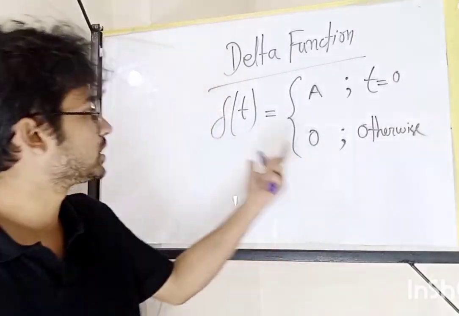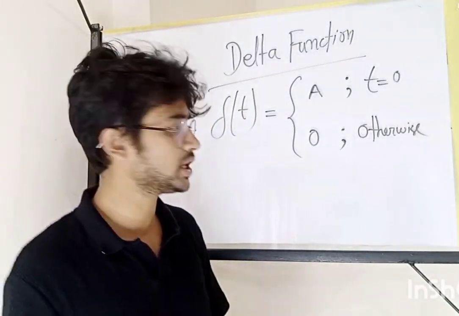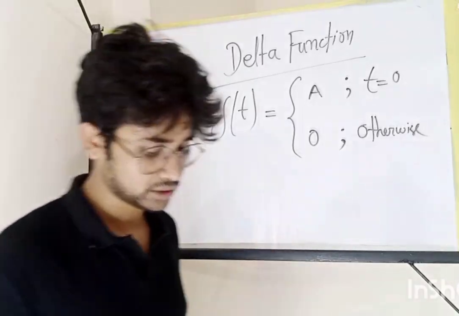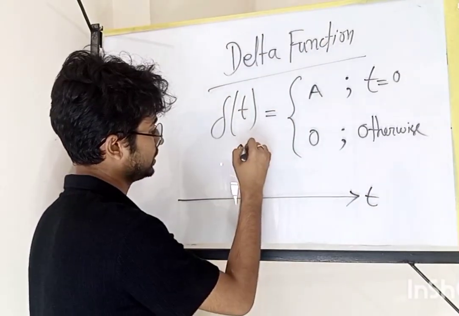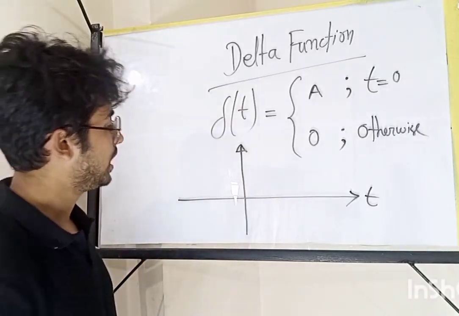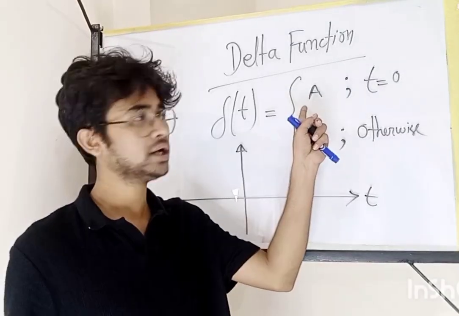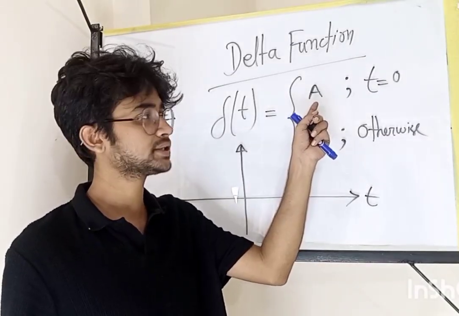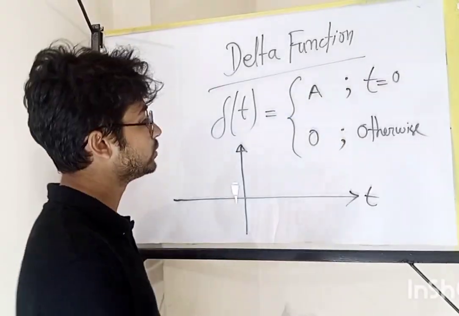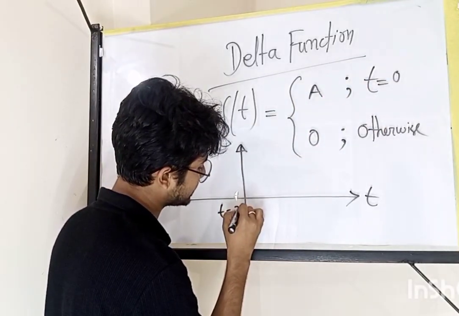That is called the delta function. How is the graphical representation of that function? On the x-axis is time, and on the y-axis is the value. You can see the output a only at 0, where time t equals 0.